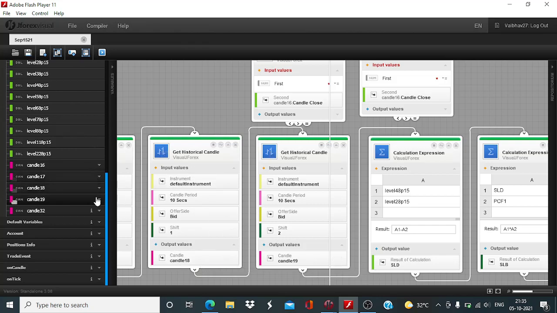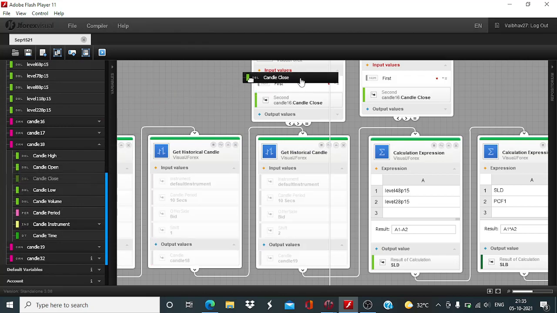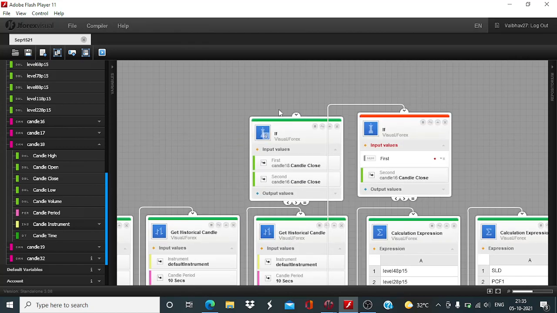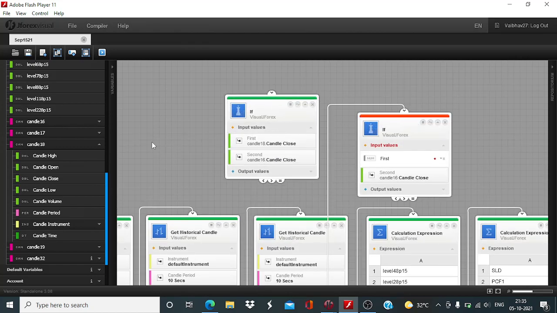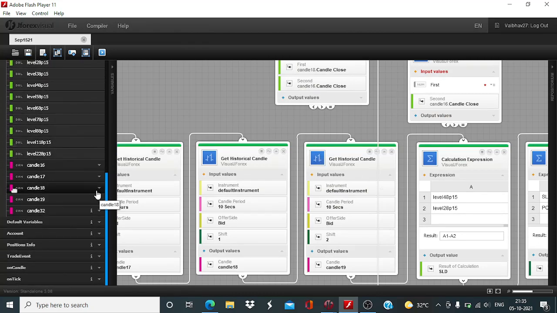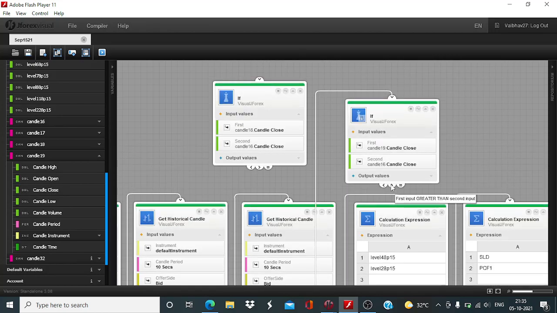Candle 18, and prior to that the candle 19 should have closed higher. First input greater than second input.